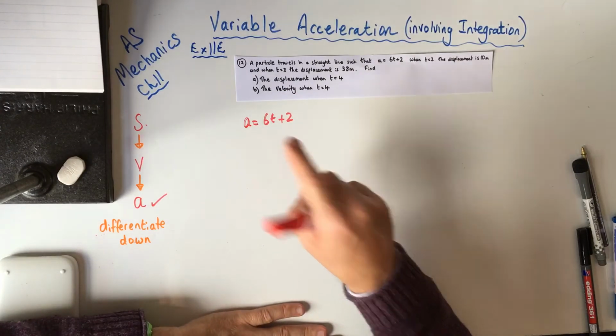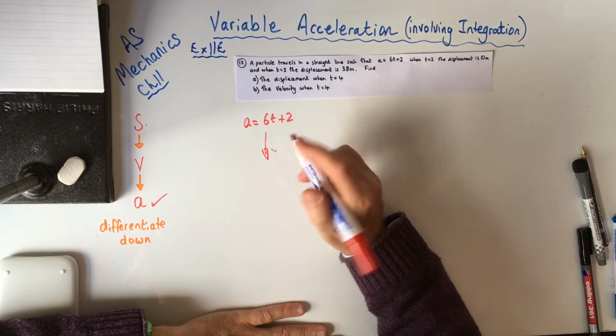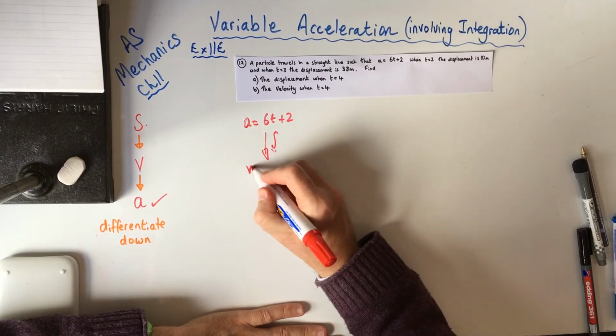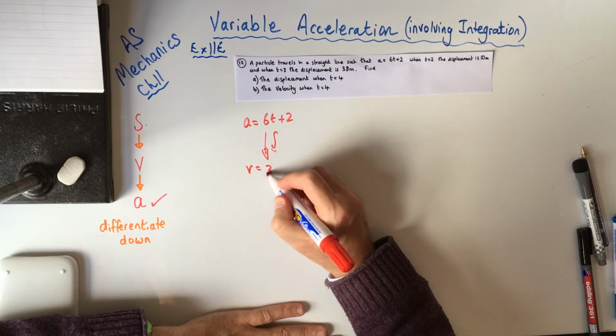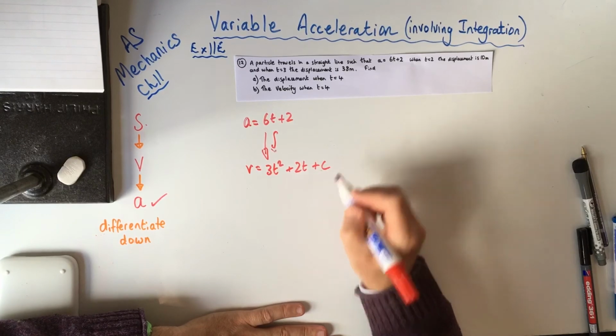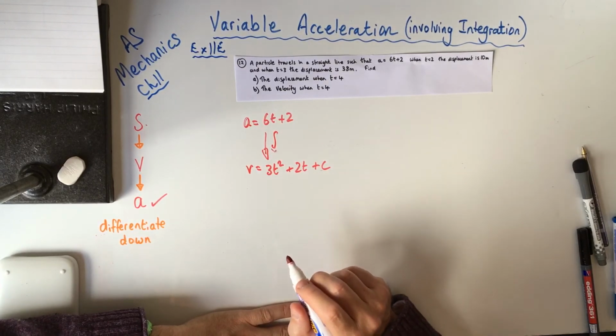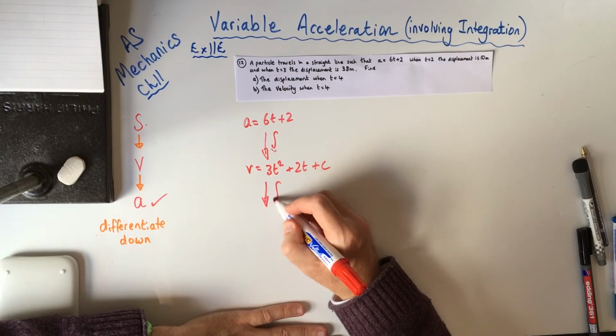So by the time we get to the top of our ladder, we're going to add 2 constants onto that, aren't we? Okay, so let's integrate that up to the velocity. When I integrate that up to the velocity, I get 3t squared plus 2t plus a c, that's my constant. And let's integrate it up again to s.